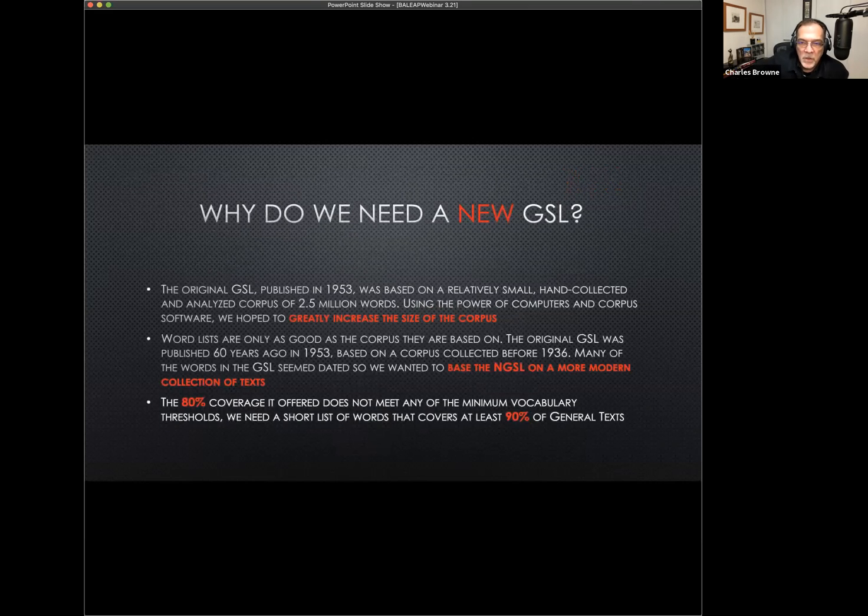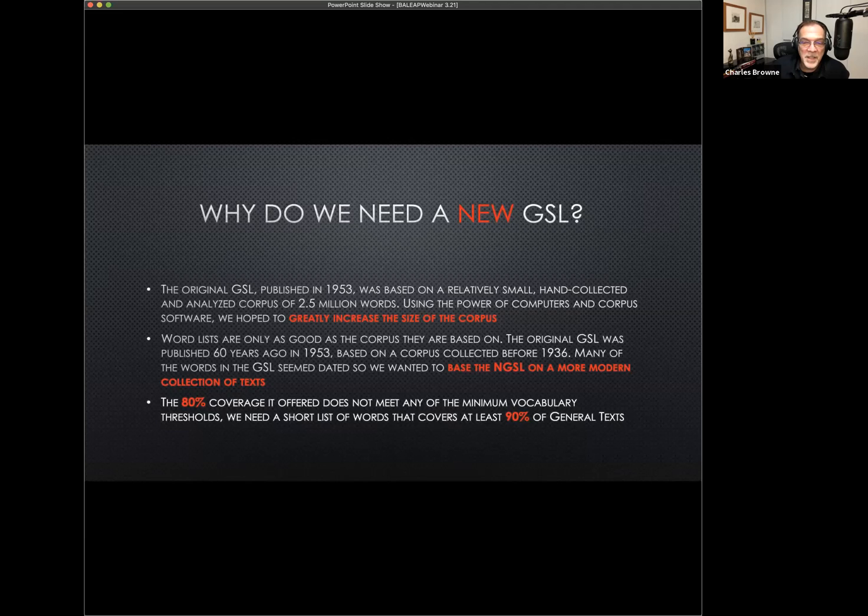The other thing to mention is that word lists that are based on corpora basically reflect the time the corpus was made. English language use changes quite dramatically over time. And what we have in the old general service list is a corpus that was collected from texts that were largely pre-1900. 1936 was when they first published it.